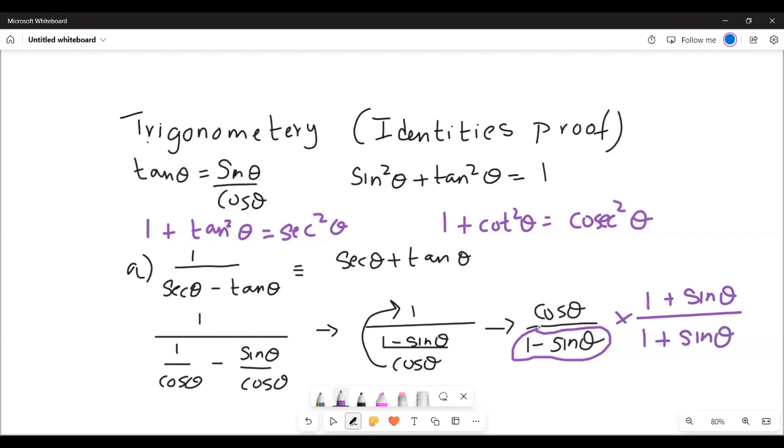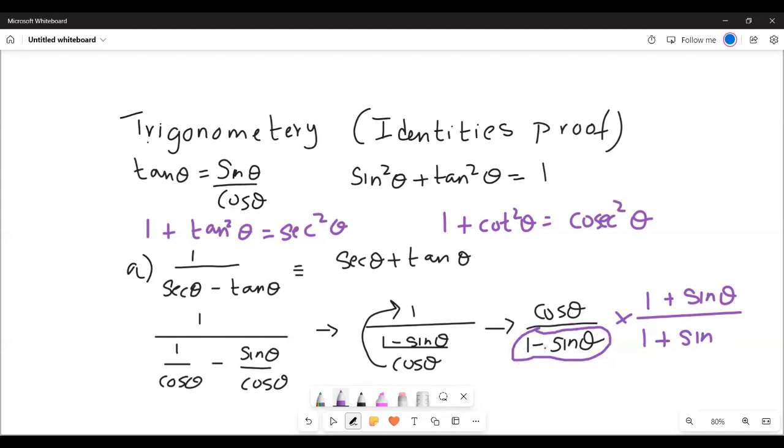This is kind of like rationalizing, but you haven't done complex numbers yet, so you wouldn't know. But one way of proving an identity is that you multiply and divide with the same denominator by changing its sign. So we multiplied and divided it with 1 plus sine theta.